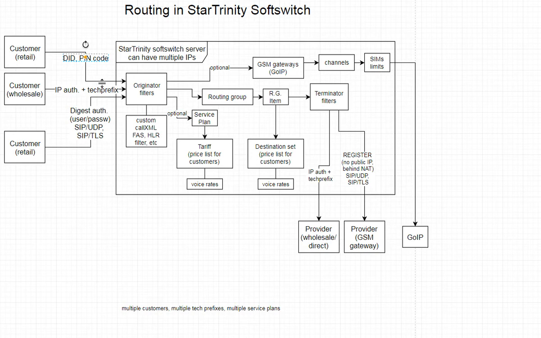In this way, he will get into the system and get connected to the originator. There can also be pinless dialing, just simple DID forwarding. So they just dial some purchased DID number, and Softswitch understands what the originator is.